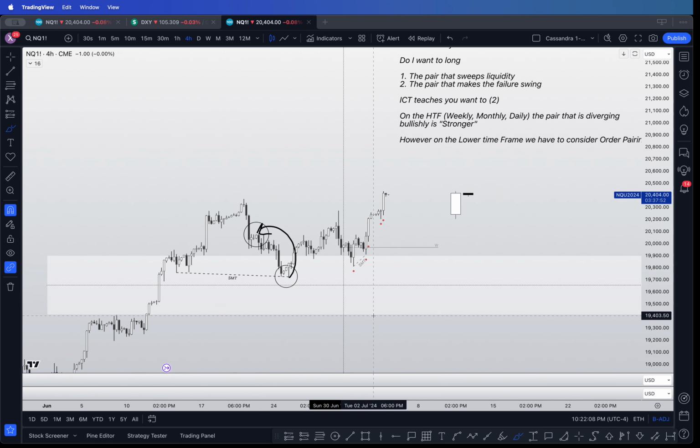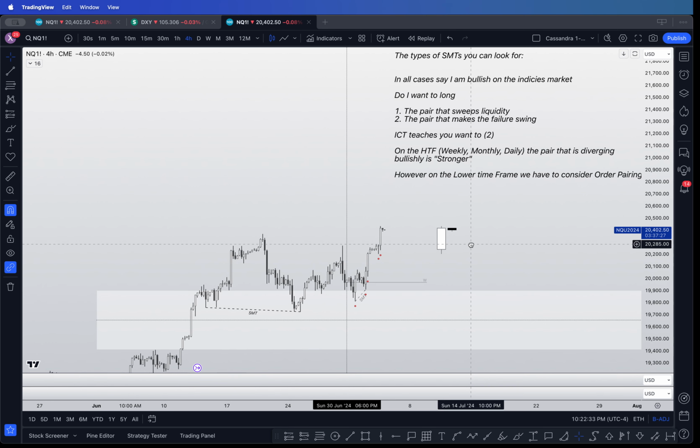There's no partials. There's nothing in between. These lows get offset: distribution, offset accumulation, and then offset distribution. We've talked a lot about this concept in many of our lectures. And the idea is that if you're thinking like smart money, there is only one objective target, which is going to be old highs and premium imbalances in the market.